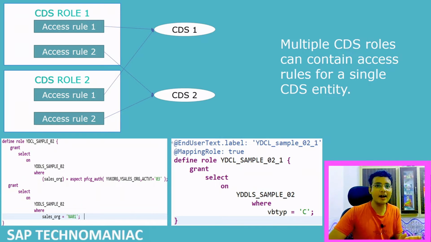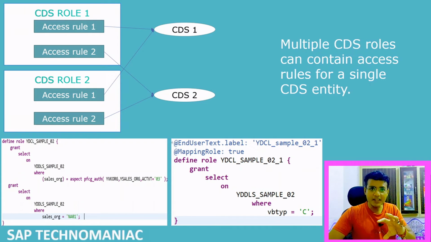So if SAP provides some CDS with some DCL, and we create another DCL for that same CDS entity using the grant rule, then the other access rules' conditions will vanish, or we can say will not be impacted, because we have one grant rule on that CDS entity. That's a very important thing.